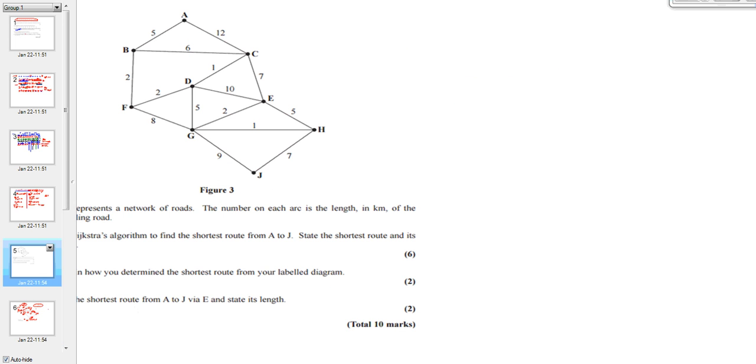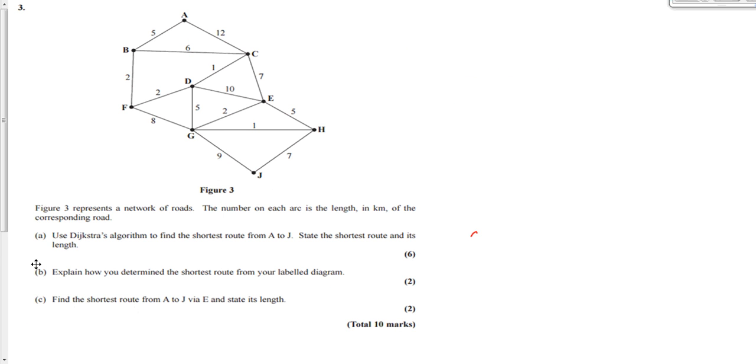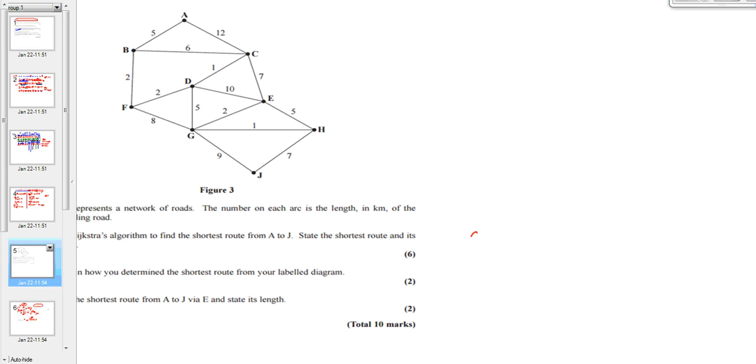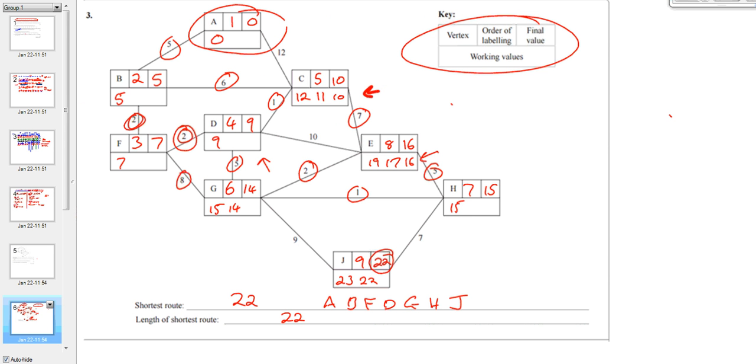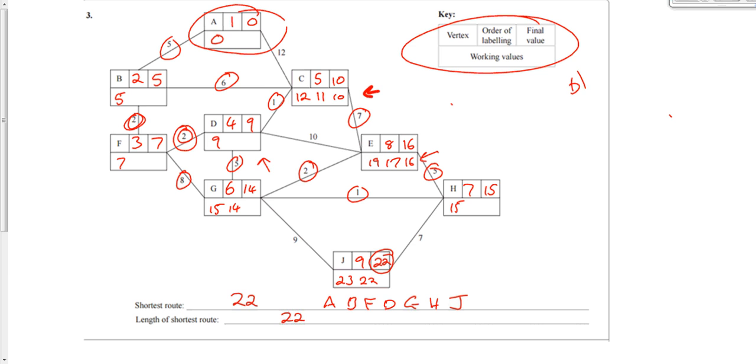So if we go back to the original question, the next thing we have to do is explain how we determine the shortest route on the diagram. So the way we did that, and the way we have to explain that, is, so part B, to explain the shortest route, the key parts here is that we have to use the final value.